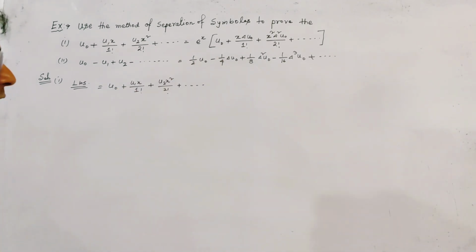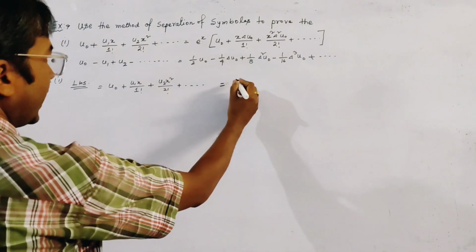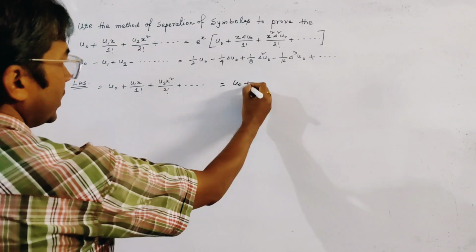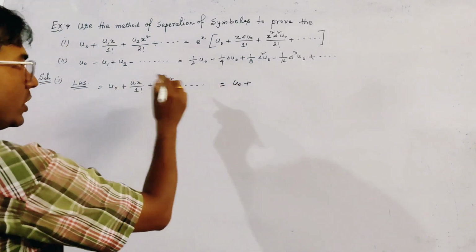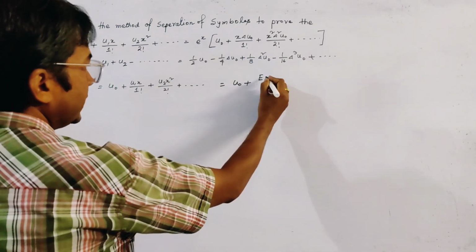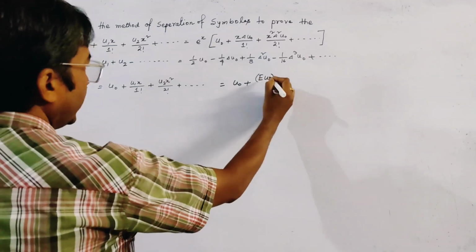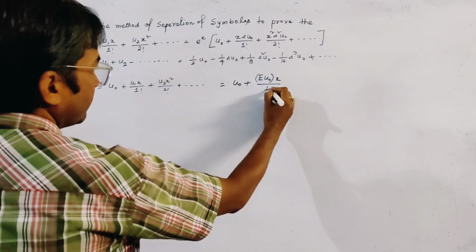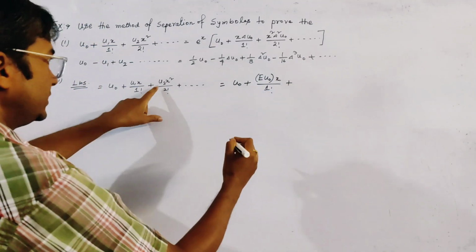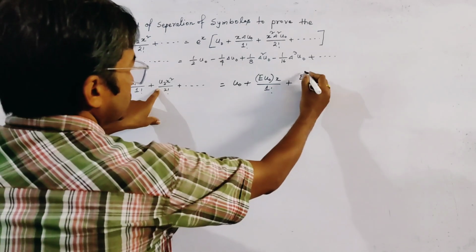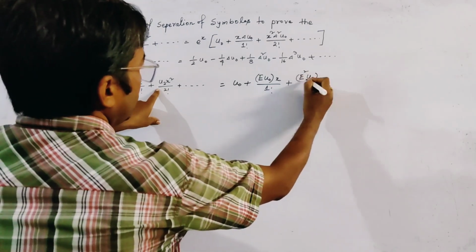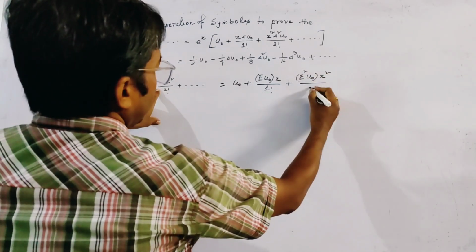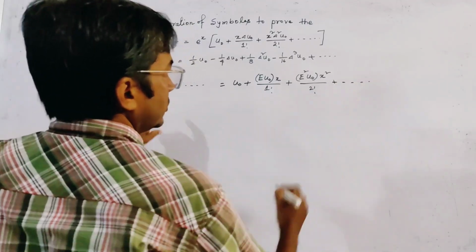And this can be written as u0 plus, we write u1 as E u0, into x by 1 factorial, and this can be written as E square u0 into x square by 2 factorial, and so on.